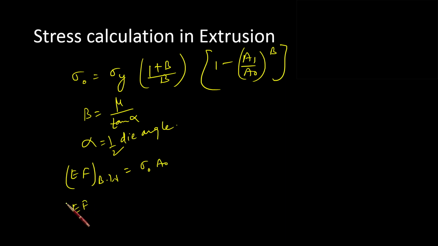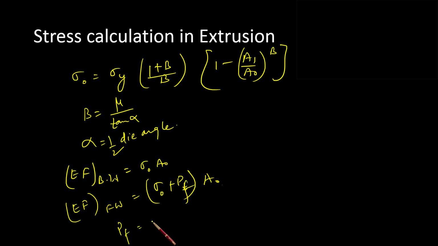But effective pressure in case of forward is sigma naught plus pf, that is the friction force, into a naught. So pf is the pressure required for overcoming container wall friction. Pressure into area is force.